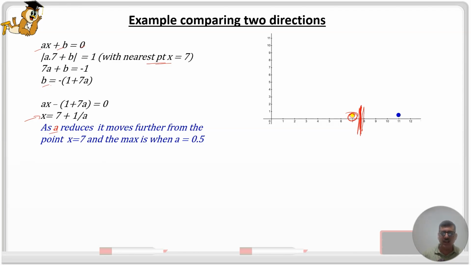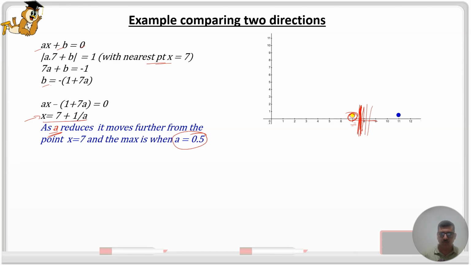Now as a reduces, this hyperplane moves further and further away from the point x equal to 7, and the maximum distance is accomplished when a equal to 0.5. Okay, why cannot a be made less than 0.5? You can stop the video over here and try to answer this question.